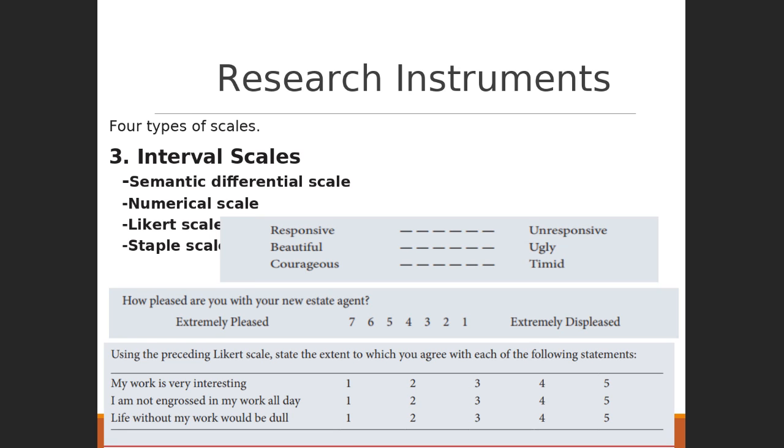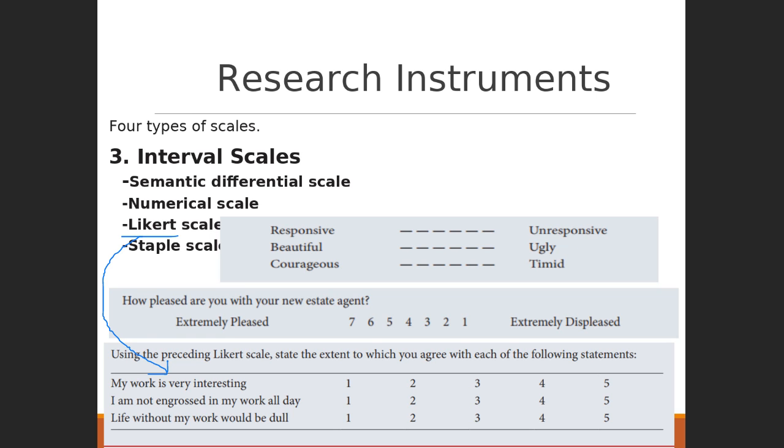Okay, so the third scale is the Likert scale. The Likert scale example is provided here. The Likert scale is designed to examine how strongly subjects agree or disagree with statements on a 5-point scale or a 7-point scale. So the Likert scale is the most widely used approach to scaling responses in survey research.